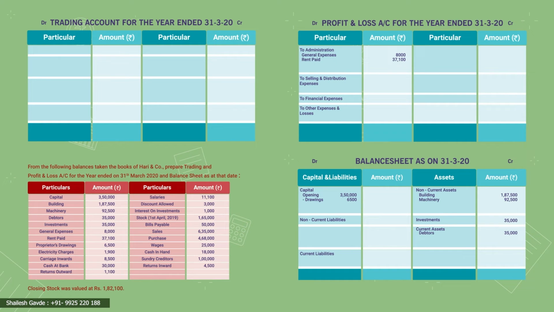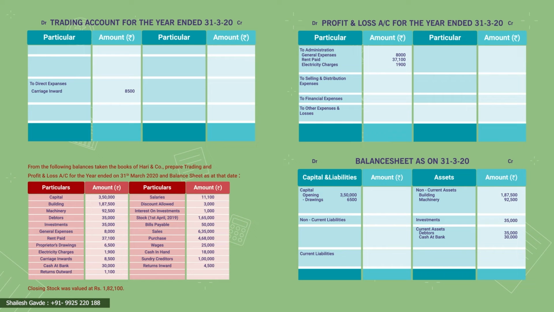Electricity charges, P&L, administration expenses. Carriage inward is a direct expense. It goes to trading account, debit side, direct expenses column will write to carriage inward. Cash at bank is a current asset, balance sheet asset side. Returns outward. Returns outward means purchase returns.